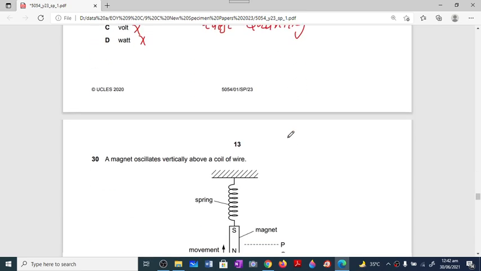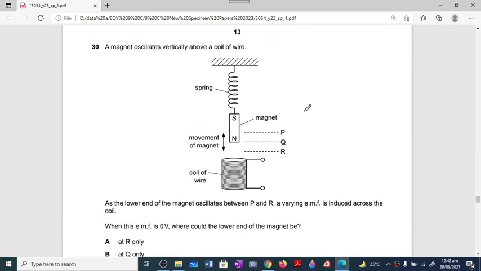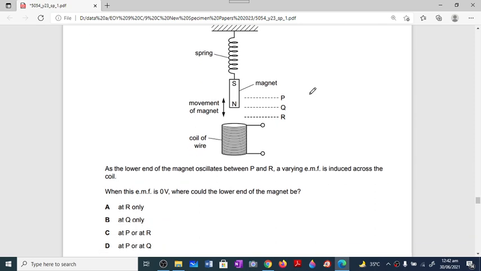Now moving towards question number 30, that a magnet will oscillate vertically above a coil of wire. The magnet will move in and out, and then it will reach this point. At R, it will stop. And when again it will reach point P, it will again stop.